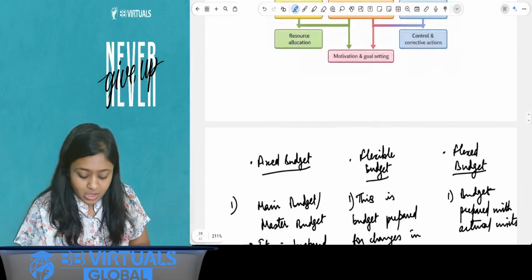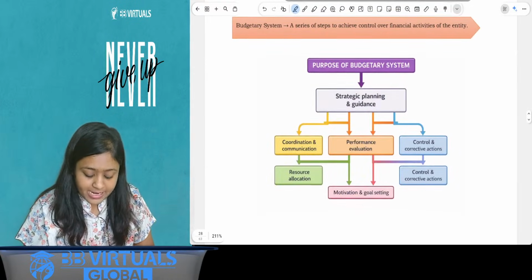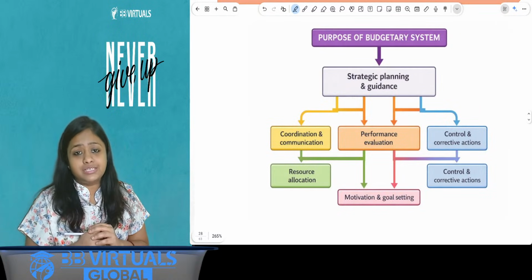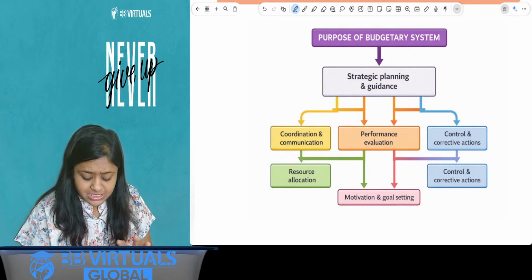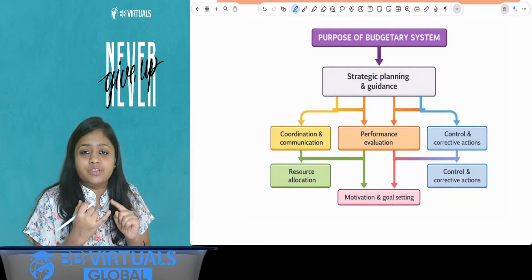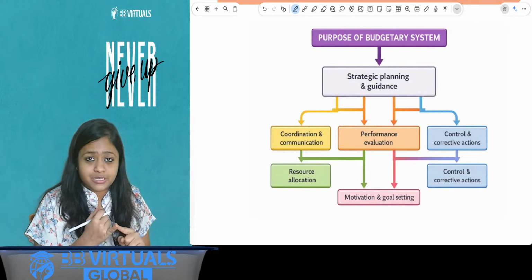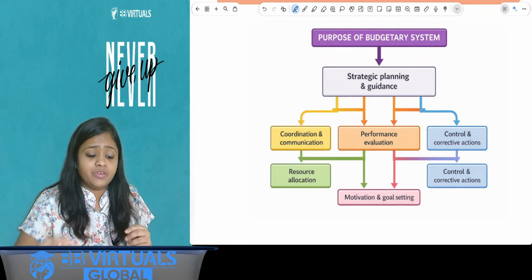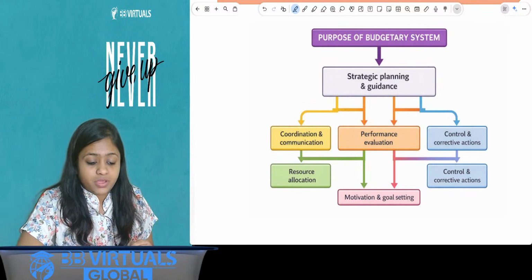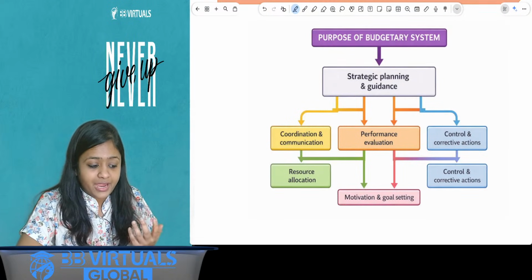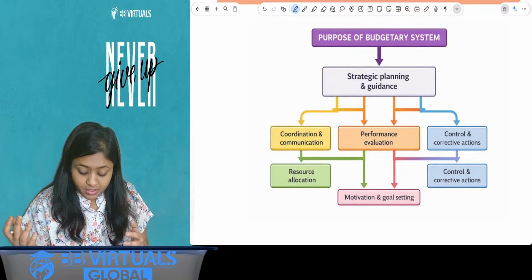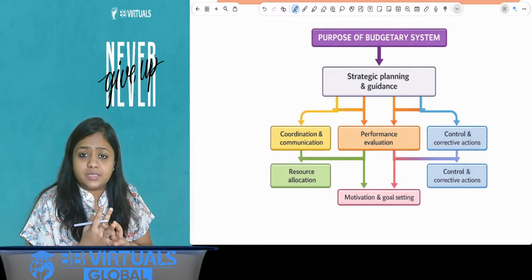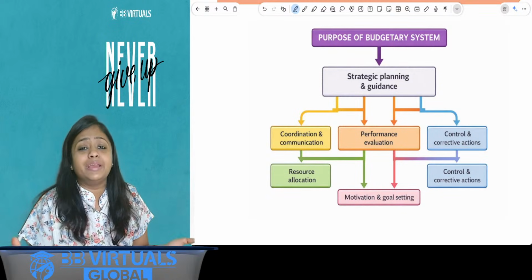Now let's go forward and understand what is the purpose of a budgetary system. The purpose is very simple. The focus is always that we should be able to do performance evaluation with the budgets when we compare them with the actuals. We should also be able to do the planning and controlling to understand why there is a variance.